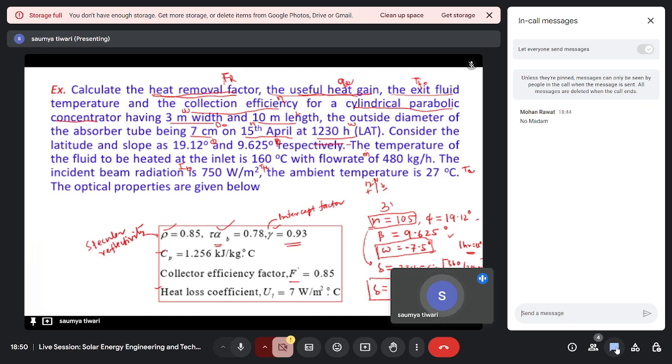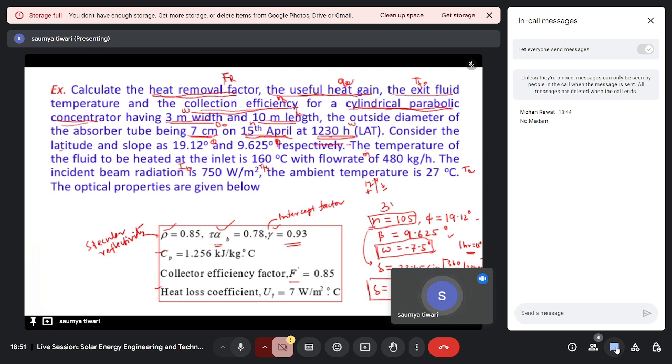Also asked is the collection efficiency, right? This is for a cylindrical parabolic concentrator having a 3 meter width, 10 meter length, and the outside diameter of the absorber tube being 7 centimeter. The date is also given, the 15th April. The time is also given, 12:30.